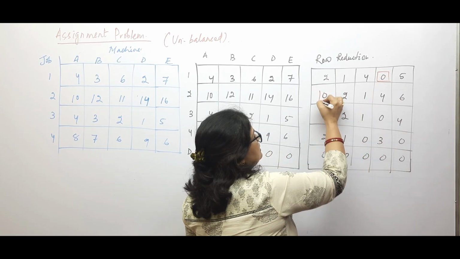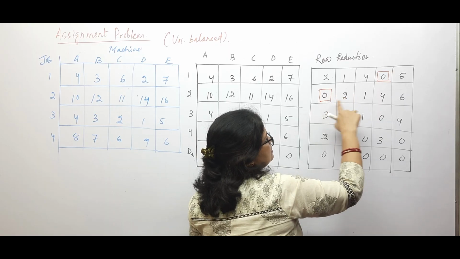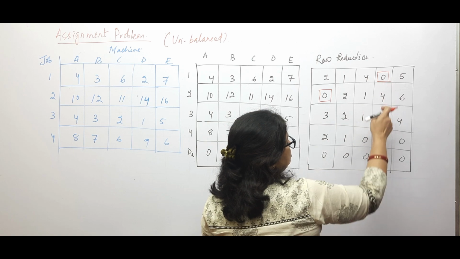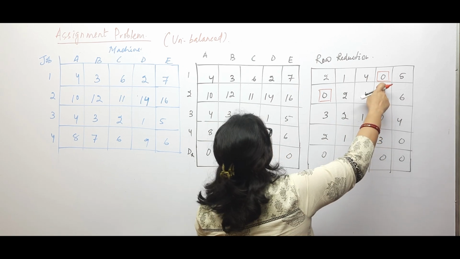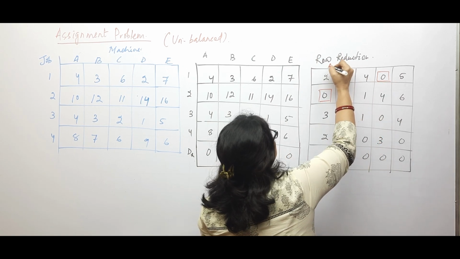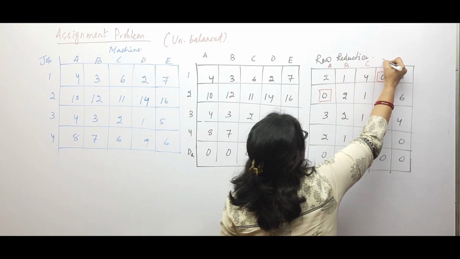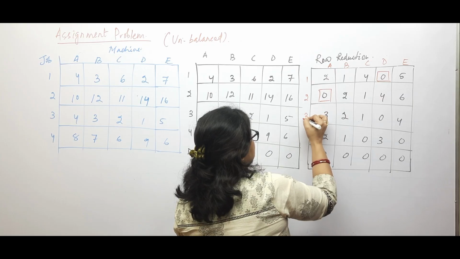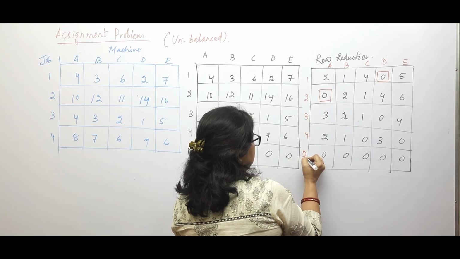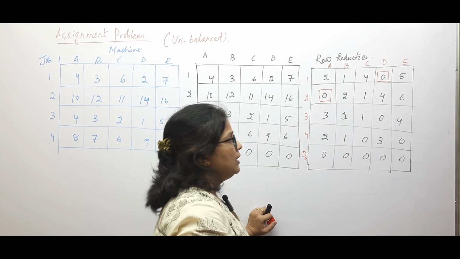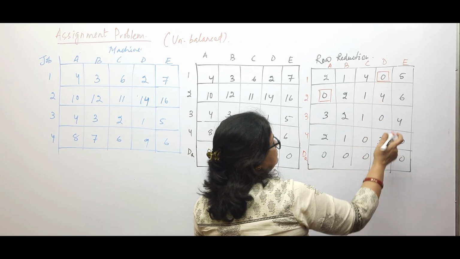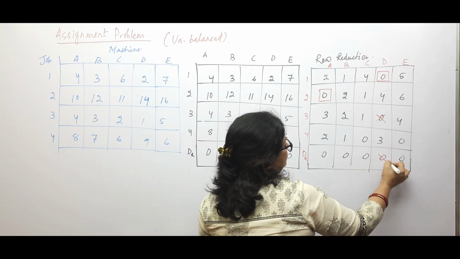We can assign here also, because this row also has one 0. This is A, B, C, D and E. This is 1, 2, 3, 4. This is our dummy row. As we have assigned this one, there will be no assignment in the other cell, so we can put a cross here.